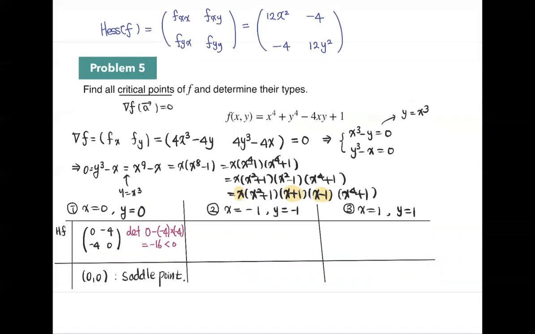Also, at minus 1, minus 1, we have the Hessian matrix 12, minus 4, minus 4, and 12. In this case, the first entry is positive, and the determinant is 12 squared minus 16, which is positive.